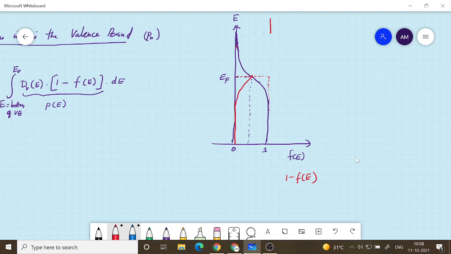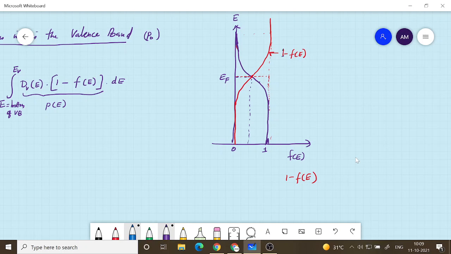So it will be like this. So this is our 1 minus f of E function. It's just subtracting f of E from 1. So f of E is given as this purple curve, and if you subtract that from 1, you will get this 1 minus f of E.